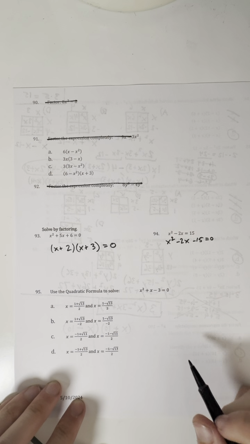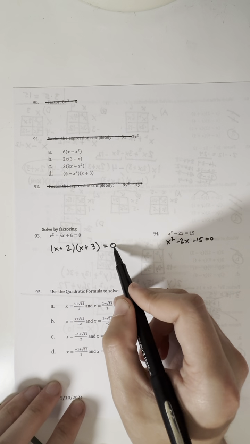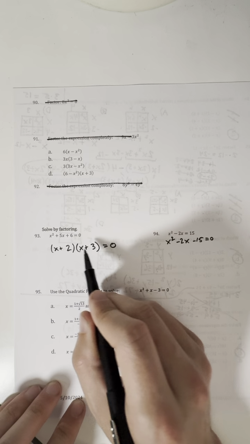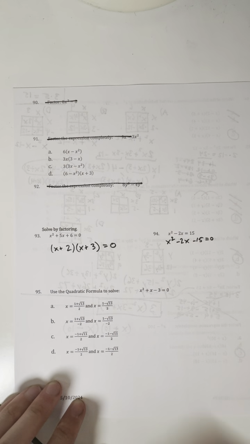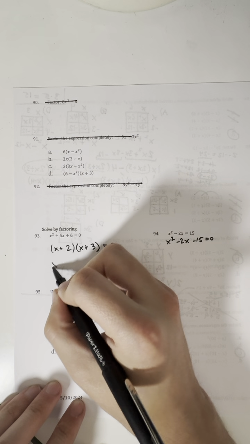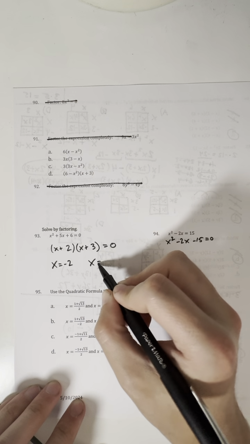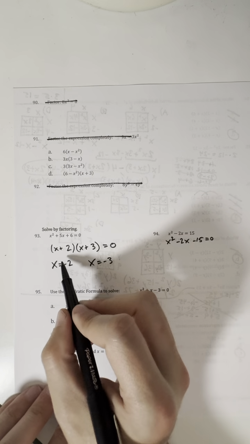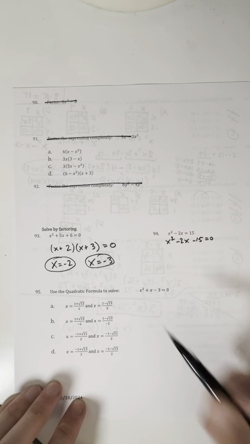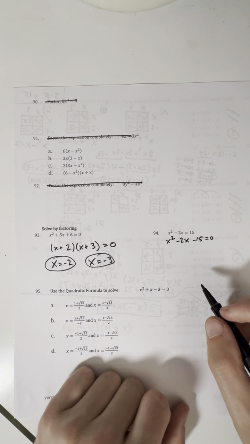And then to solve by factoring, we just say, well, I want the overall thing to equal 0. So I just need to make one of the individual parts equal 0. I can make the first part equal 0 by doing x equals negative 2. I can make the second part equal 0 by doing x equals negative 3. That's pretty quick. If you don't like the solve by factoring, the alternative is quadratic formula.